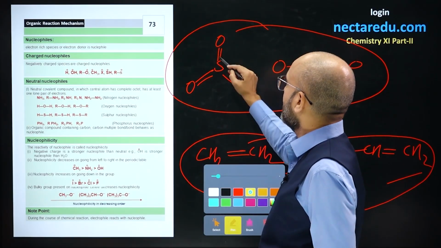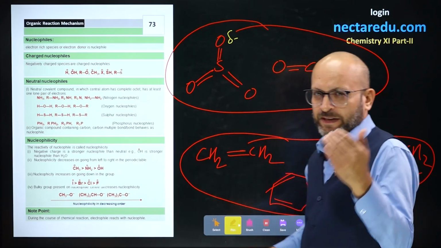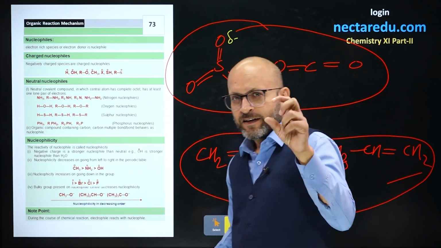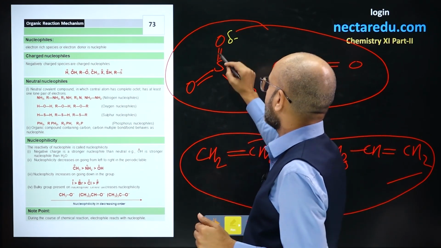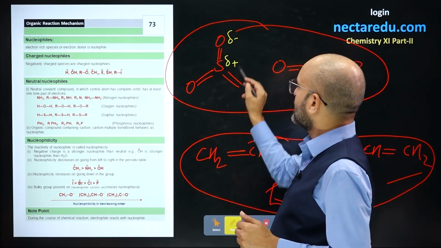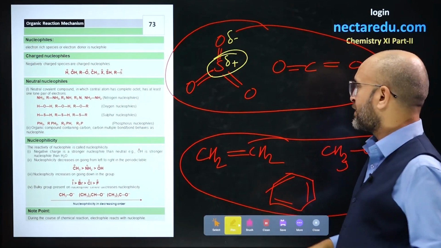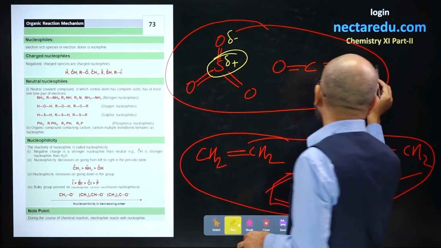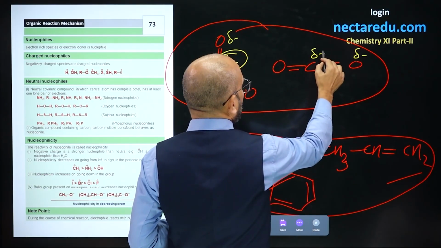What happens is one of the pi bonds here can be seen in the polarity sense. You will see that on oxygen there is partial negative and on sulfur comes partial positive. So sulfur becomes an electrophilic center here, and in carbon dioxide you have partial negative on oxygen and partial positive on carbon.